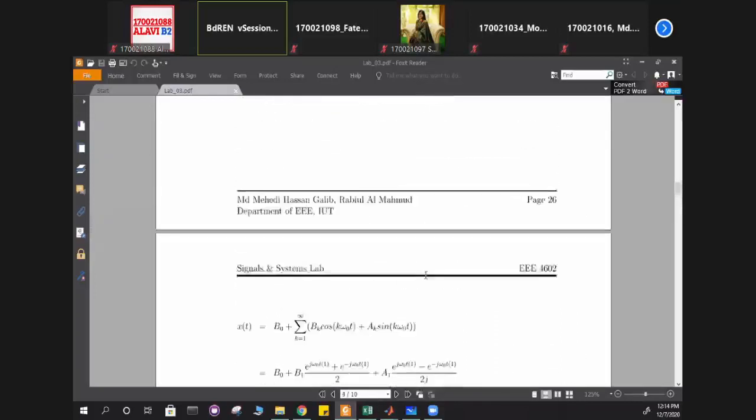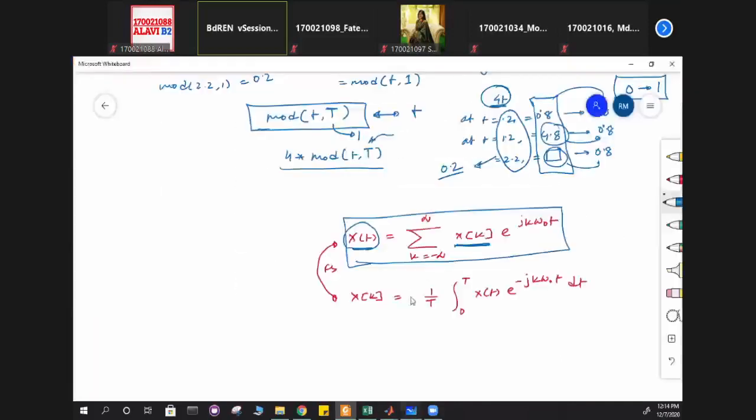This x_k in the familiar equation that you have learned in your theory class and c_k, for our lab, these two are the same thing.